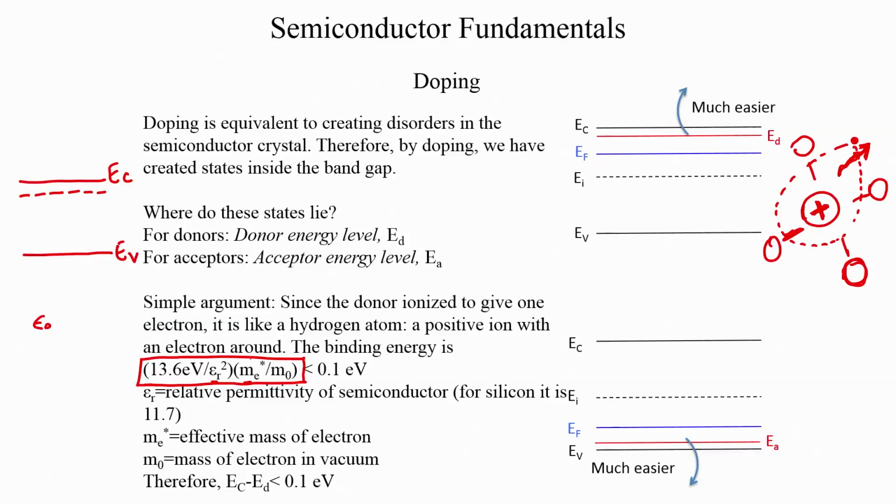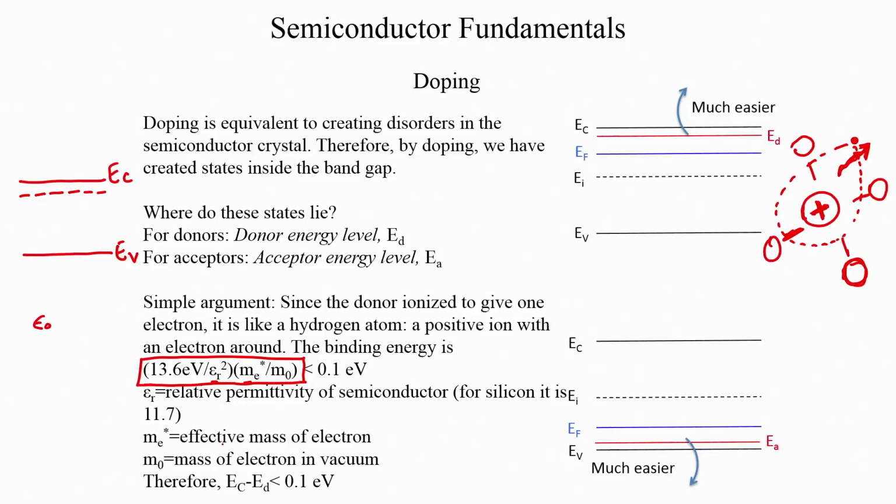So by taking into account these two corrections, we multiply by a factor of m e star by m naught and divide by epsilon r square, where epsilon r is the relative permittivity of the semiconductor, and continue using the 13.6 electron volt energy. So if you take into account these corrections and plug in numbers for silicon, m e star is of the same order as m naught.